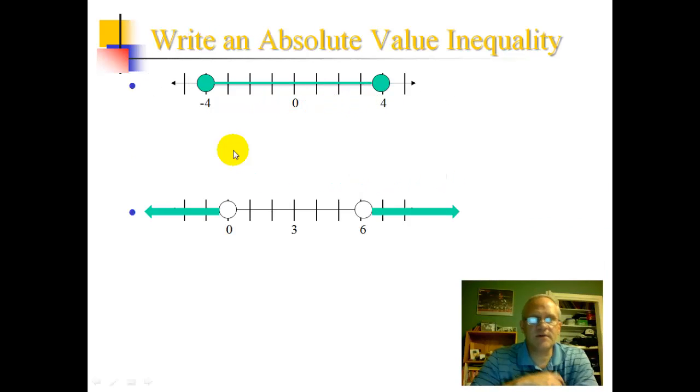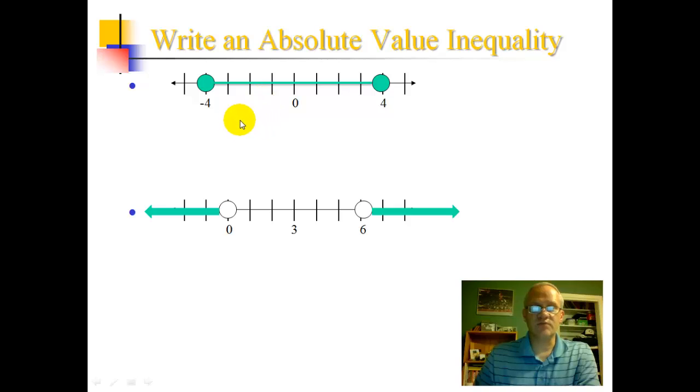All right, last thing we've got here. Writing an absolute value inequality when they give you a graph. Remember what we said before when I started the whole thing with absolute value? I said absolute value is how far away something is from 0. So when I look at this graph, this graph goes out to 4 in both directions. How far away from that is 0? In both directions, it goes 4 units.